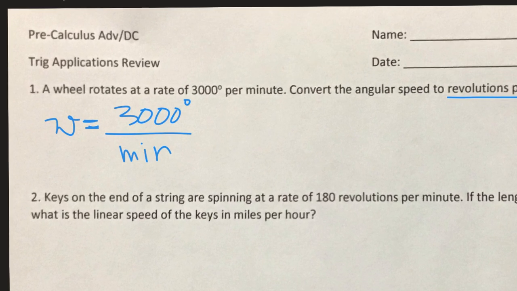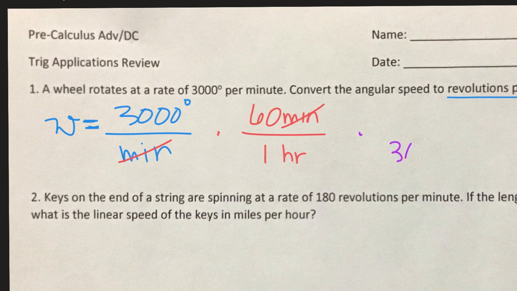Hopefully you know the conversion from minutes to hours: there are 60 minutes in 1 hour, so that will cancel out our units of minutes. Our second one is to convert from degrees to revolutions. We need to know that there are 360 degrees in 1 revolution, so that's how we cancel out our degrees.